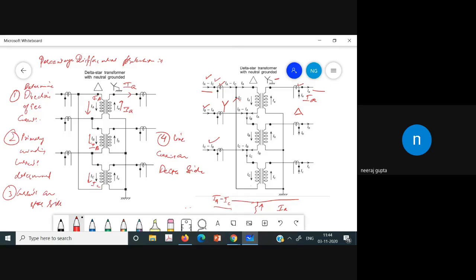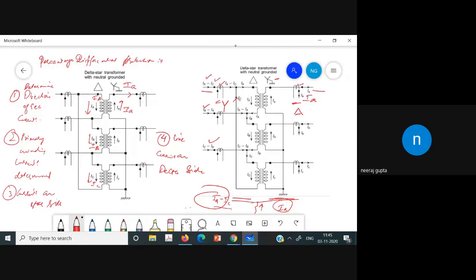Then what we observe, after calculating the line current, is that if we connect the CT on this side and this side, finally we are having this current and this current, and these currents will not match up. And since these currents will not match up, there is a spill current for no reason, even without any fault.